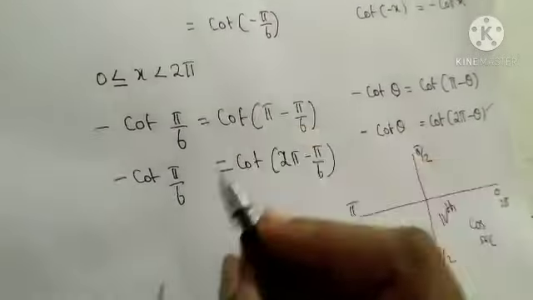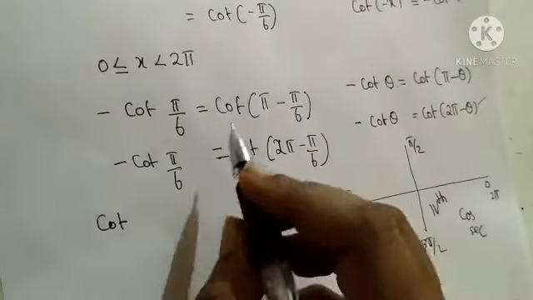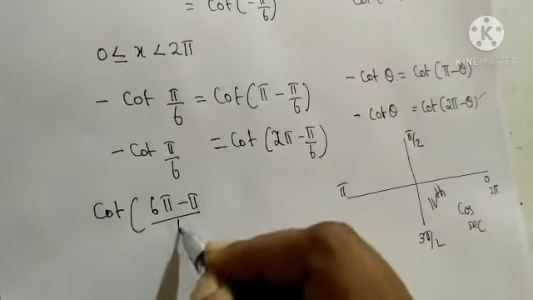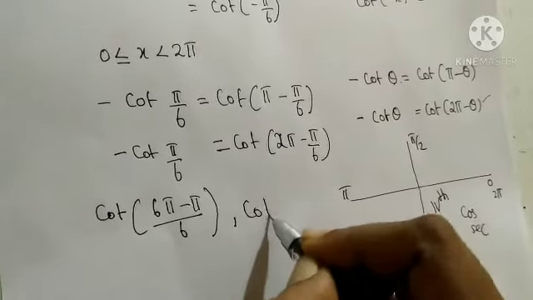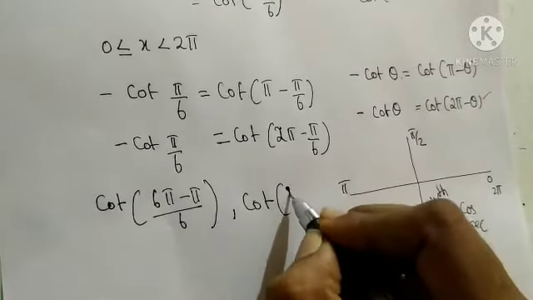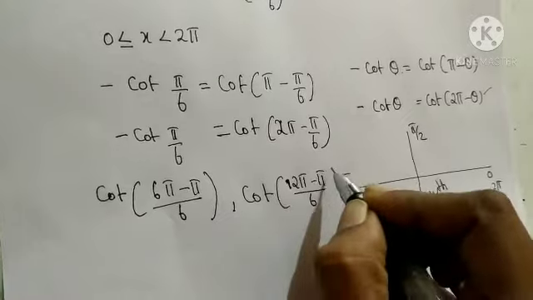So in the first step we will get cot 6 pi minus pi by 6. The next, cross multiplying here, we get 12 pi minus pi by 6.